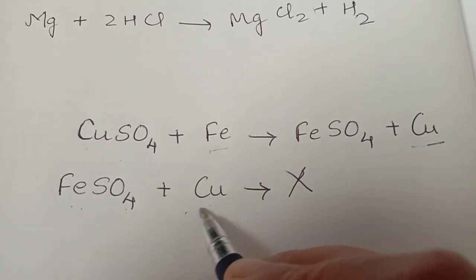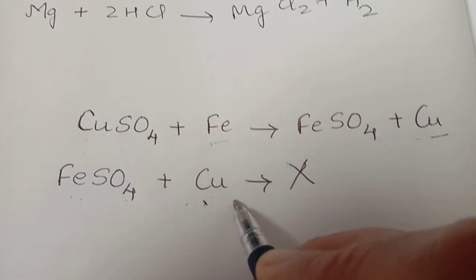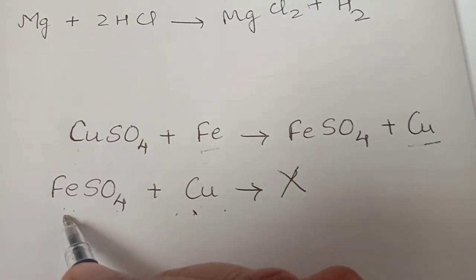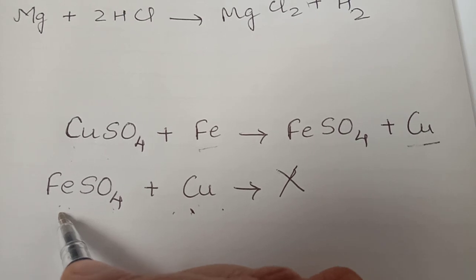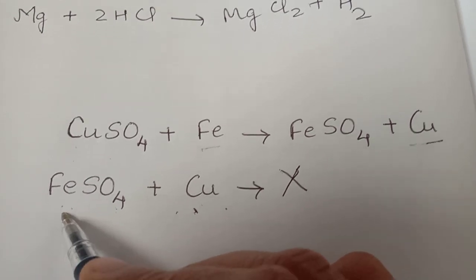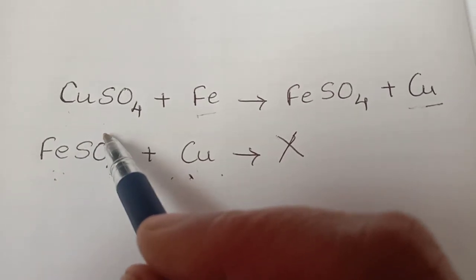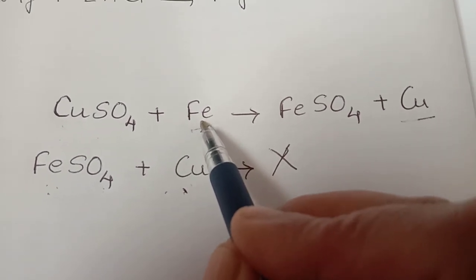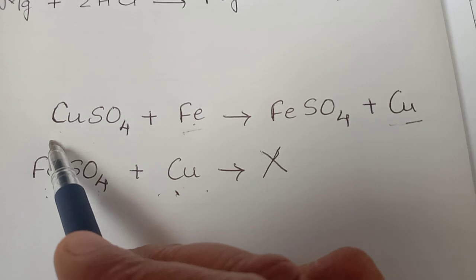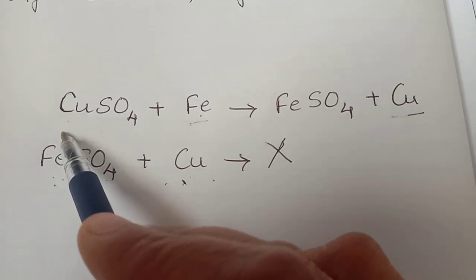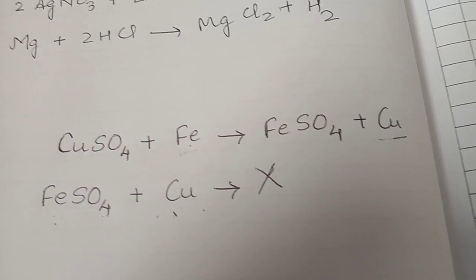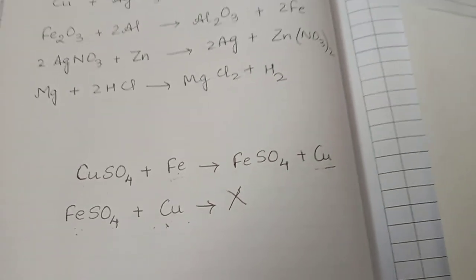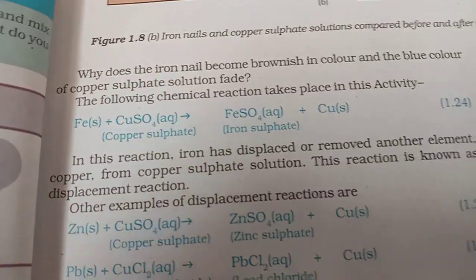Because a less reactive metal cannot displace a more reactive metal from its compound. I hope you have understood. So in all such reactions where a more reactive metal displaces a less reactive metal, it is called a displacement reaction.